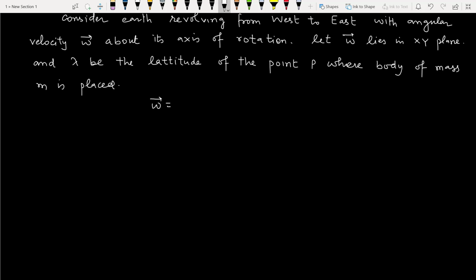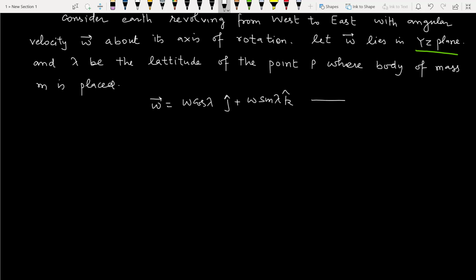So omega vector is lying in the yz plane. As it is lying in the yz plane, it will have two components, one along the y-axis, another along the z-axis. The first component is the cos component, the second is the sine component.